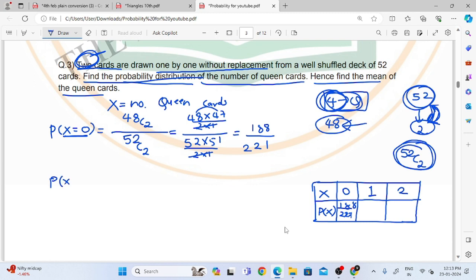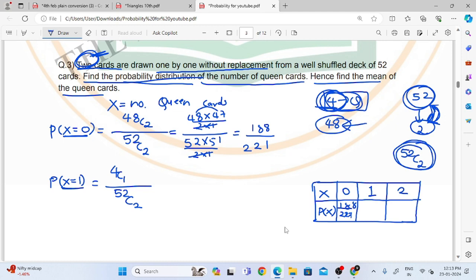Then p of x is equal to 1. So what is in the denominator? We are selecting any two cards out of 52, that means 52C2. Now x is equal to 1, that means one queen should be there. So total how many queens are there? 4. So out of 4 queens we have to take one queen. Okay, so one card we have taken out, but we have to select two cards.